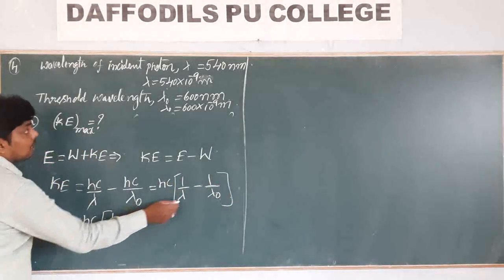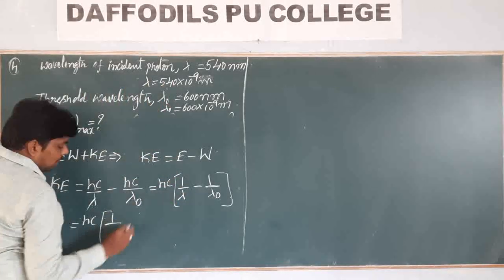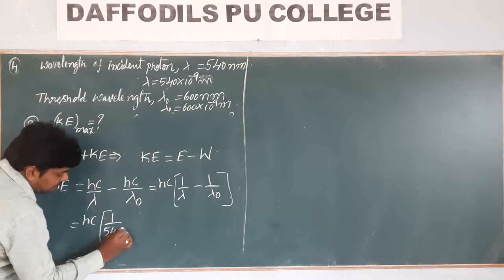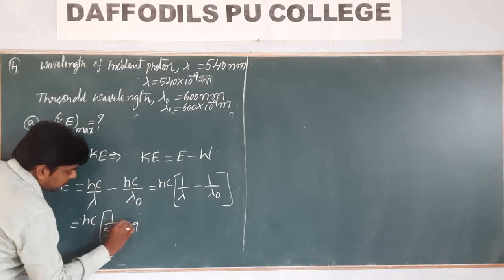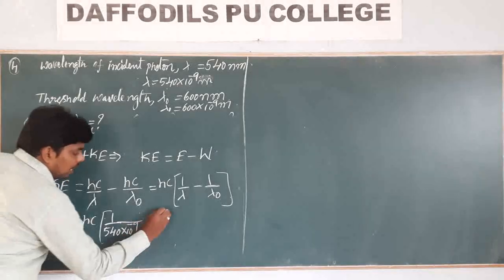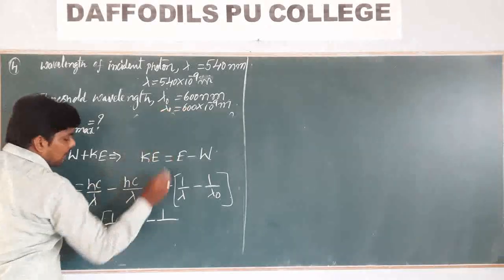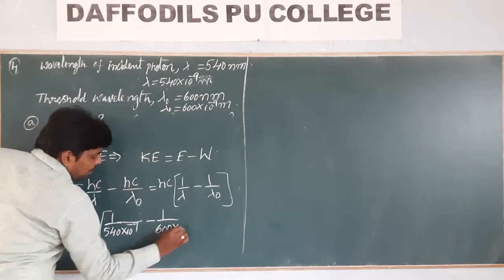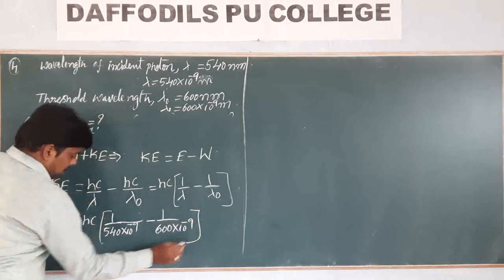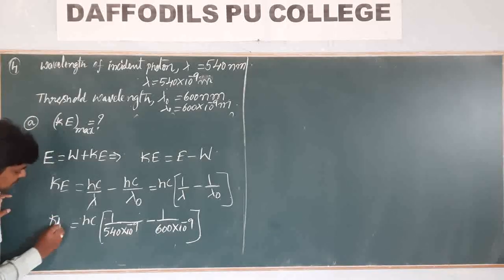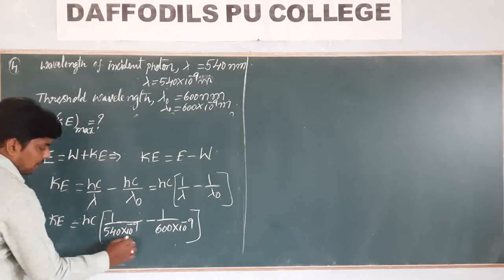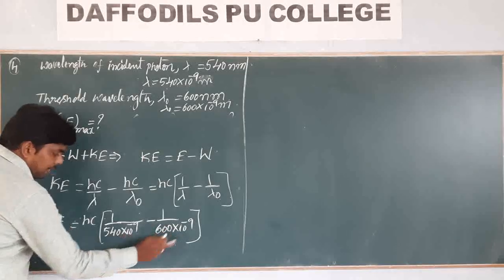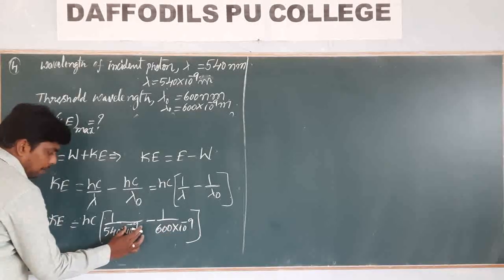Lambda value is what? That is the wavelength of the incident photon, that is 540 into 10 to the power minus 9, minus lambda naught, the threshold value. What is the value? 600 into 10 to the power minus 9. Now kinetic energy is equal to, if you observe the two denominators, what is the common? 10 to the power minus 9.